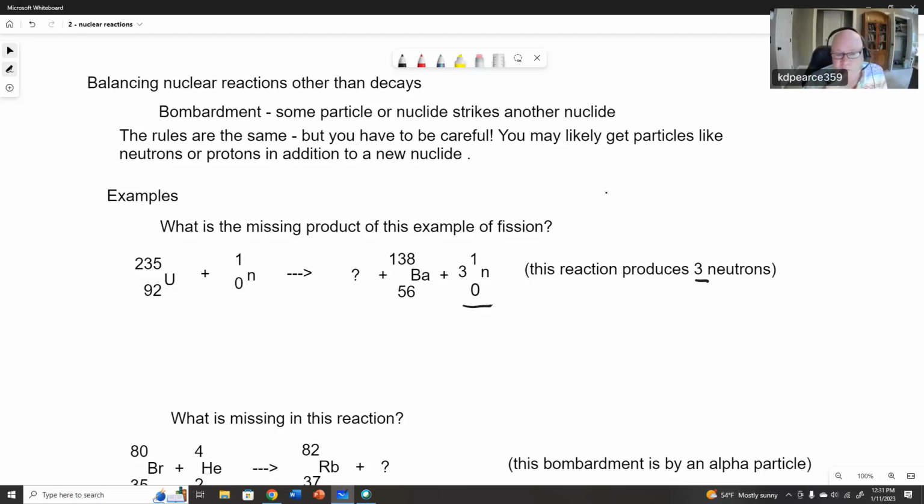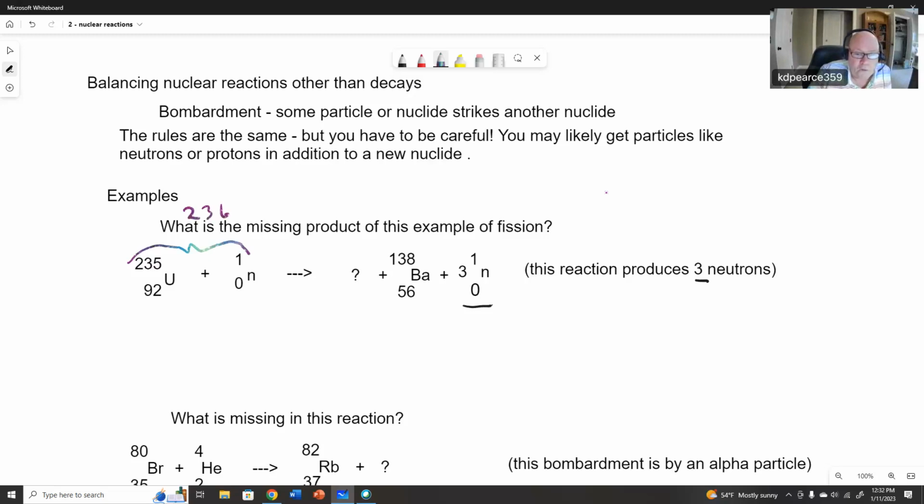But it still works out the same way, where you have to make sure the top numbers are balanced on both sides of the reaction and the bottom numbers are balanced on both sides of the reaction. And so if we do the top on the left-hand side, that is 236 on the left-hand side.